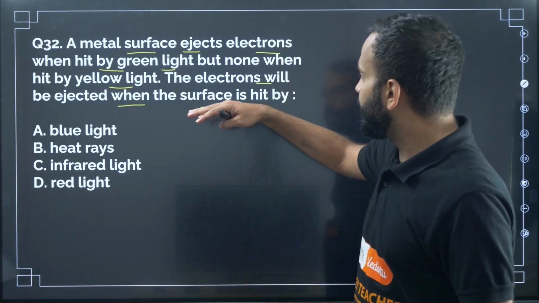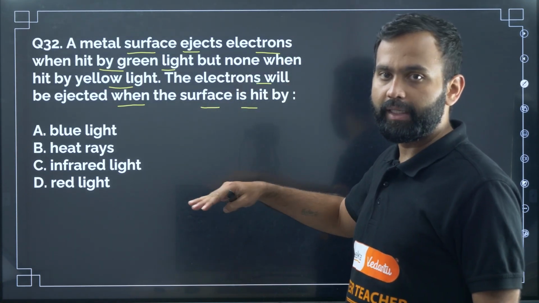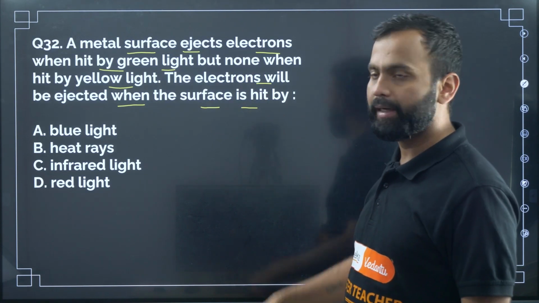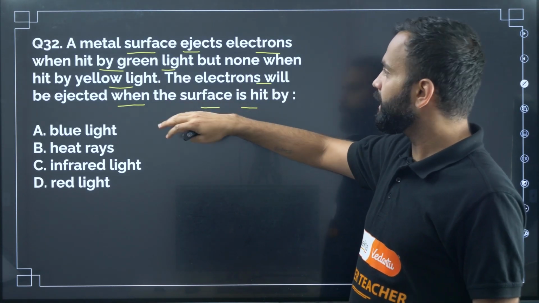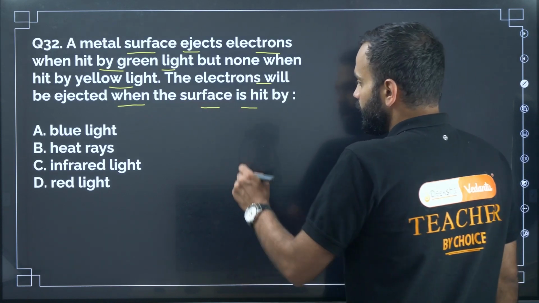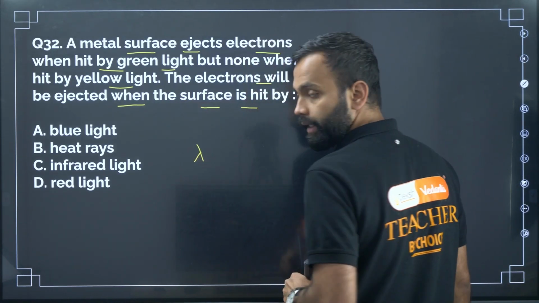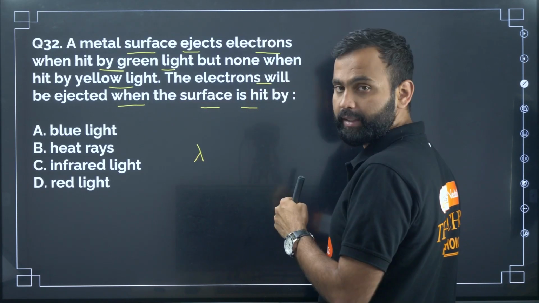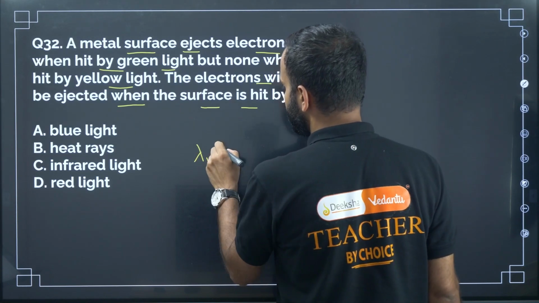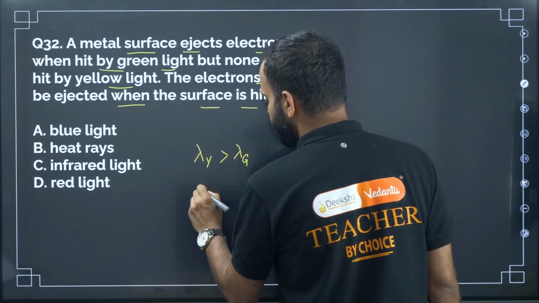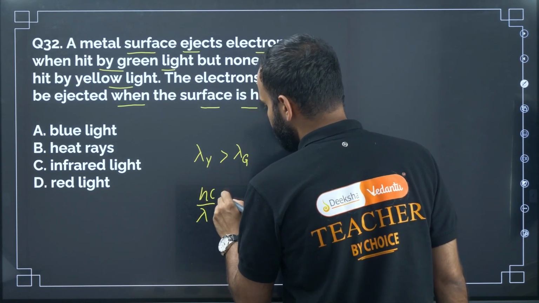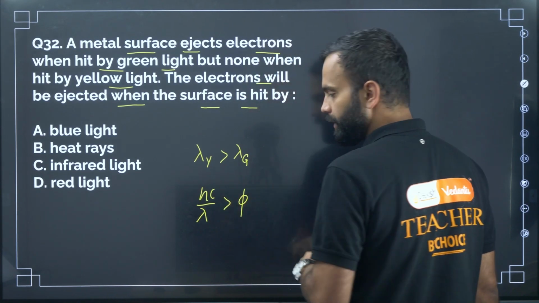So when green light falls on the metallic surface, what happens? Electron will emit, right? But none will emit when hit by yellow light. So here the lambda, that is wavelength of the yellow light, is greater than wavelength of the green light. So energy of the incident light must be greater than work function of the metal.